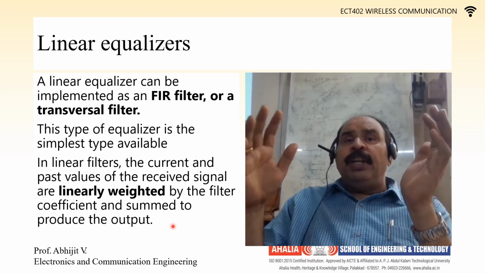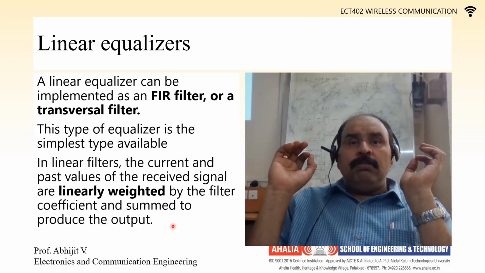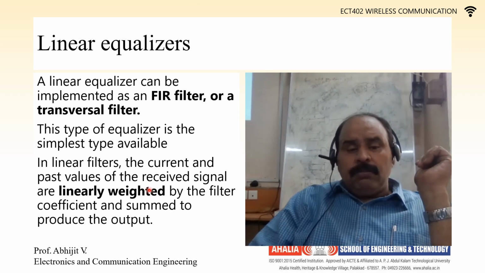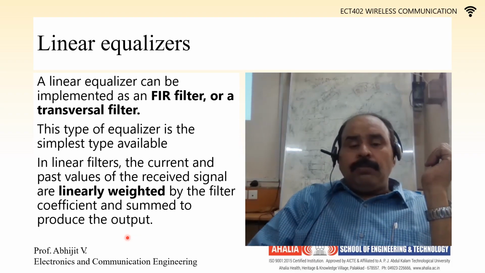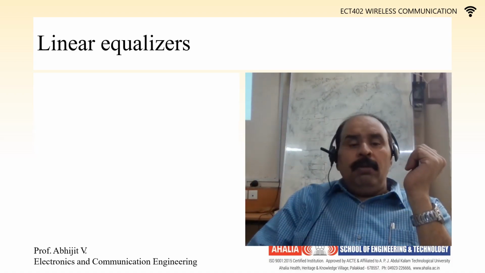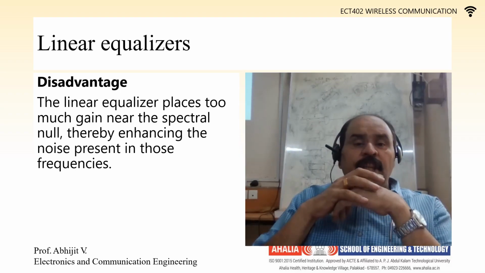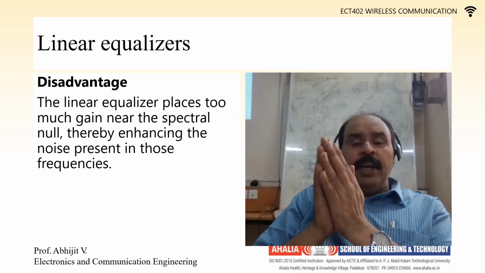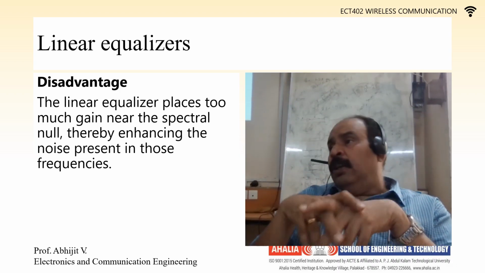The linear filter advantage is that it is the simplest one. The most important disadvantage, as we have already discussed, is that a linear equalizer places too much gain near the spectral null, thereby enhancing the noise present in those frequencies.